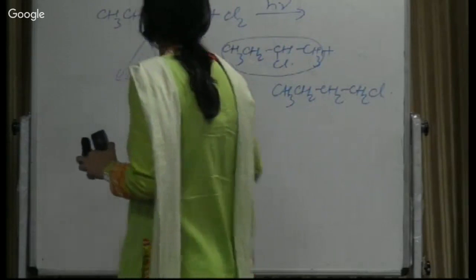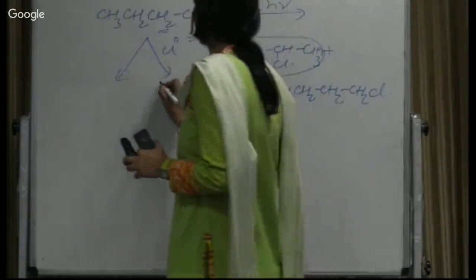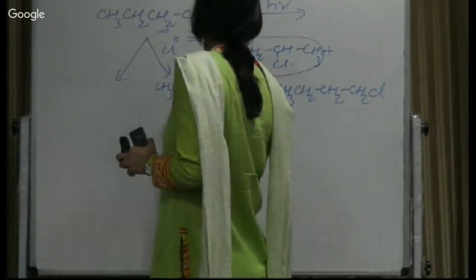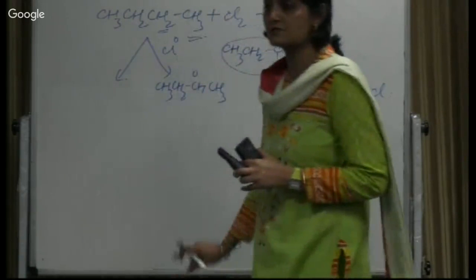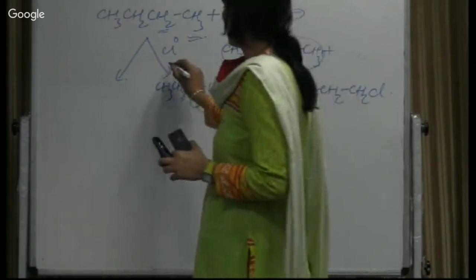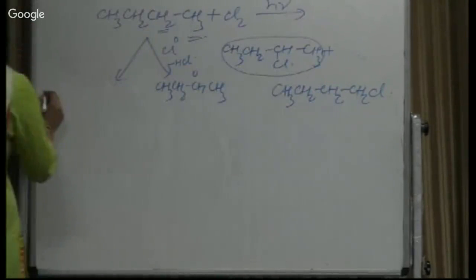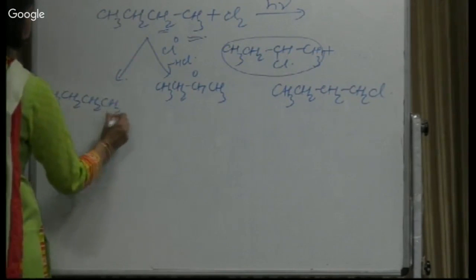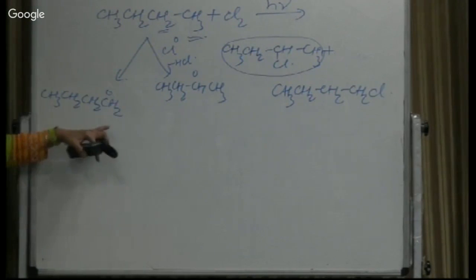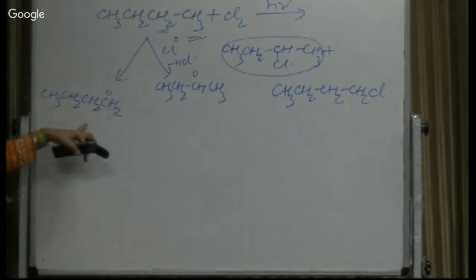reaction. If you are reacting it with chlorine free radical, what will happen? There are two different free radicals possible. One is this, when HCl is lost. The other one will be this. Right. This is the secondary free radical and this is the primary free radical.